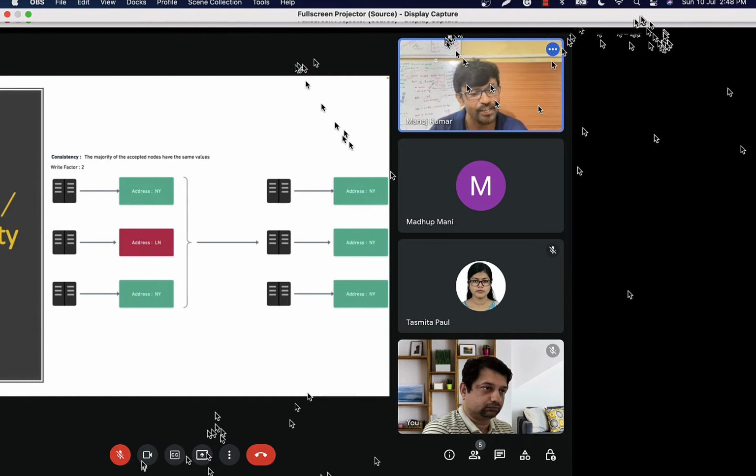So a transaction T1, say that T1 has written some data. When T2 comes, it has to see the latest data. It cannot see the data that was written prior to T1, which has already written. So that's the very high level when someone tells linearizability. All operations behave as if executed on a single copy of the data, even if there are multiple replicas. So what does that mean?